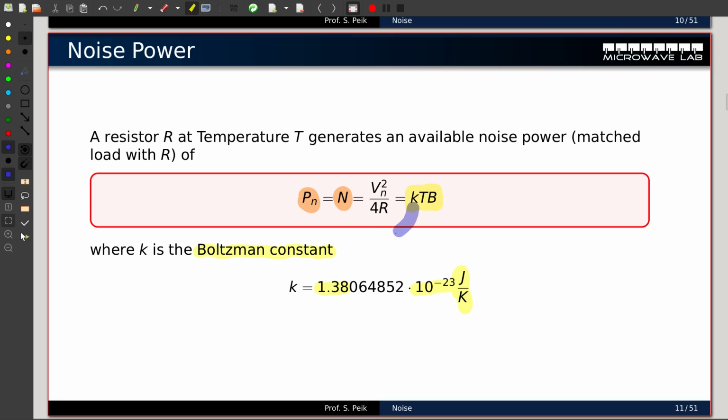K is my Boltzmann constant. T is my temperature.